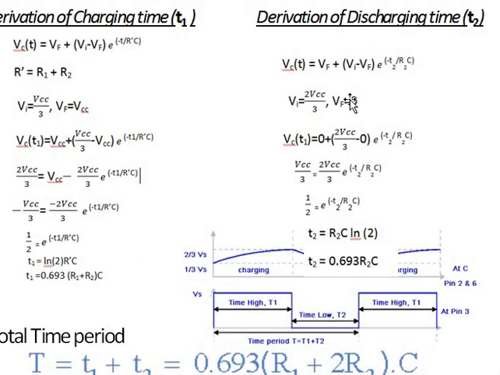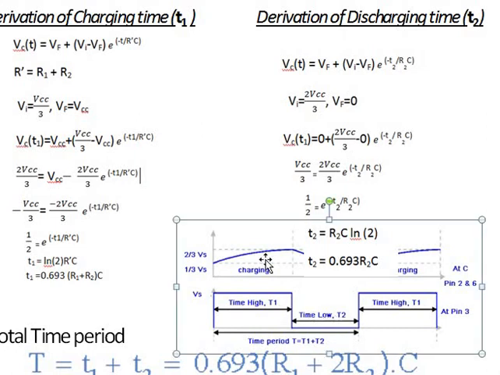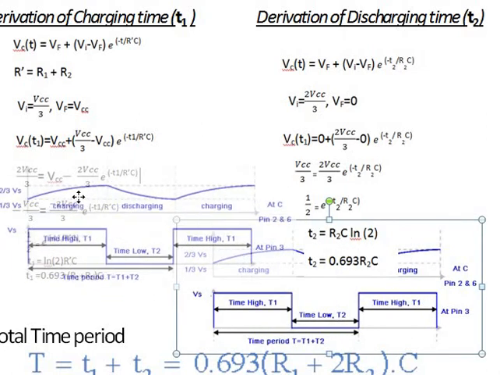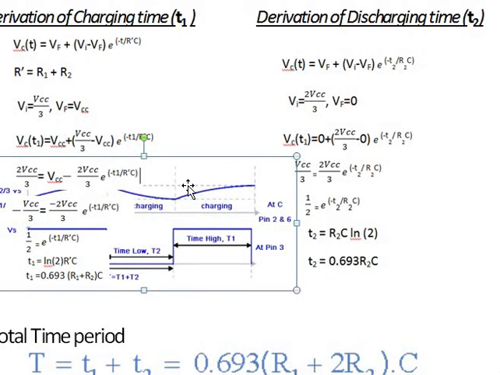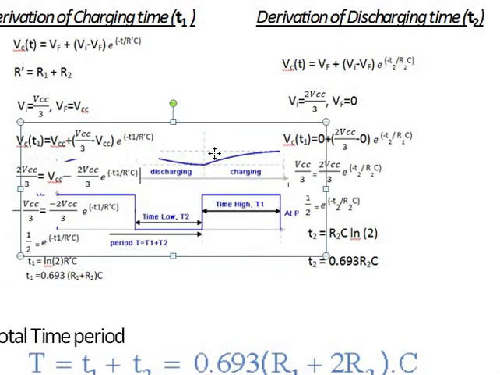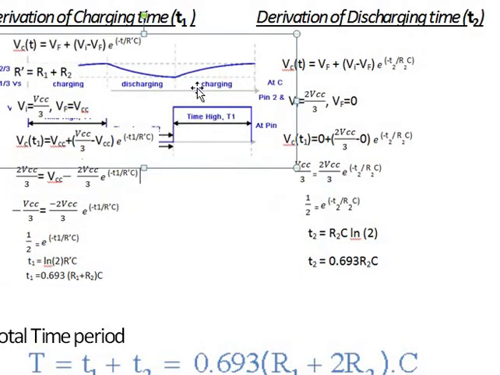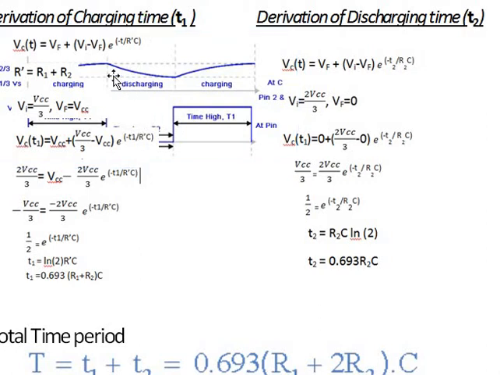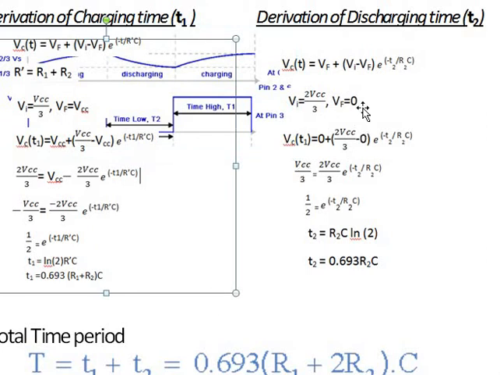Similarly, we can derive the discharging time T2. Once again, let us write VC equal to VF plus VI minus VF times e raised to minus T2 by R2 C. Because while discharging, the discharging time is T2, as you can see here.